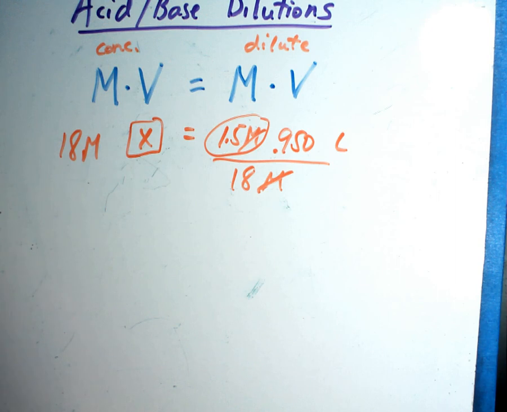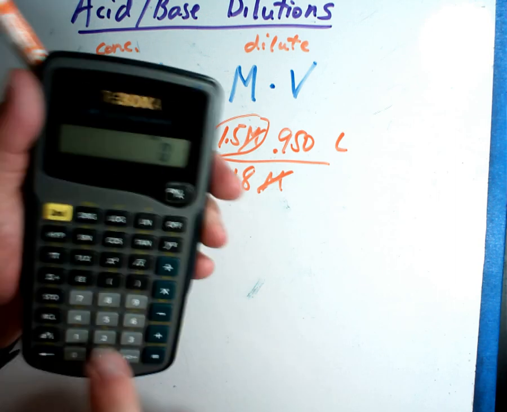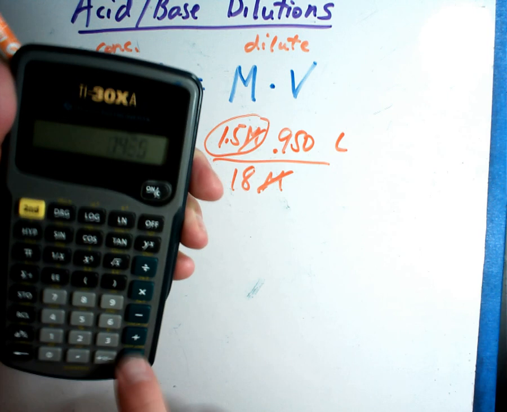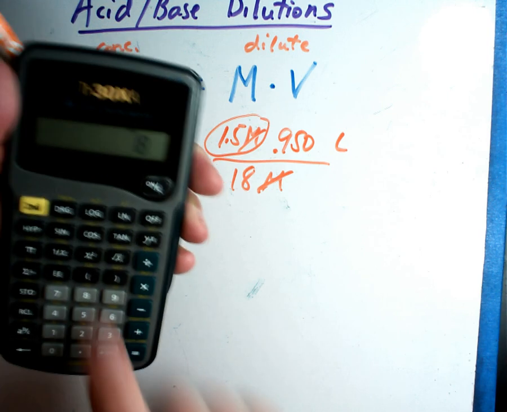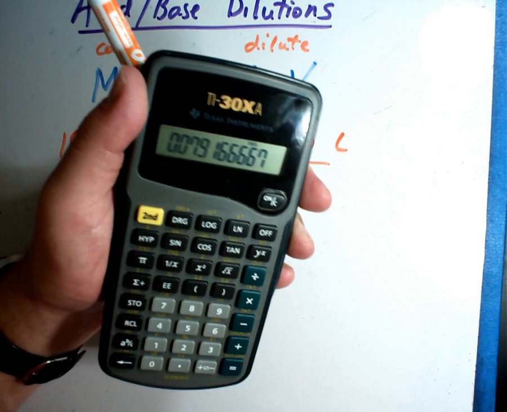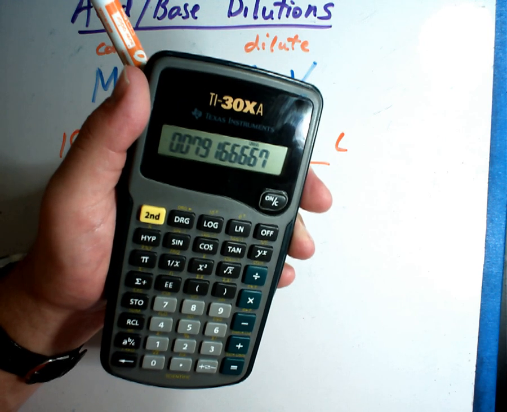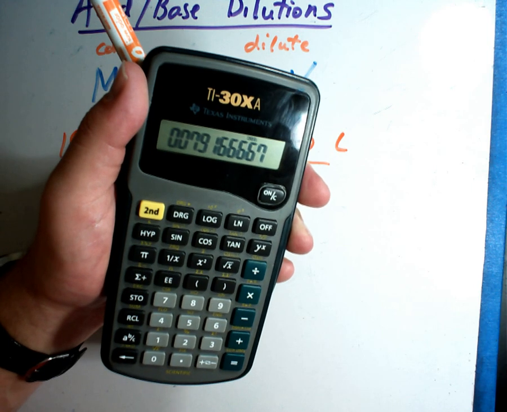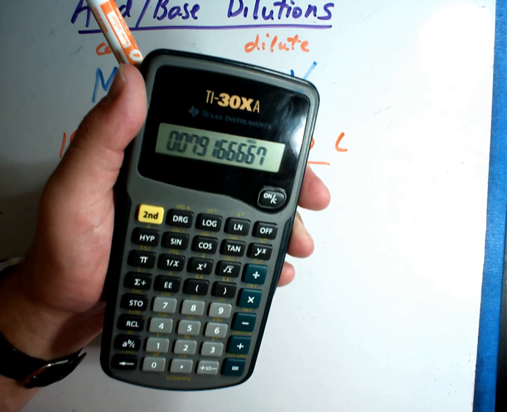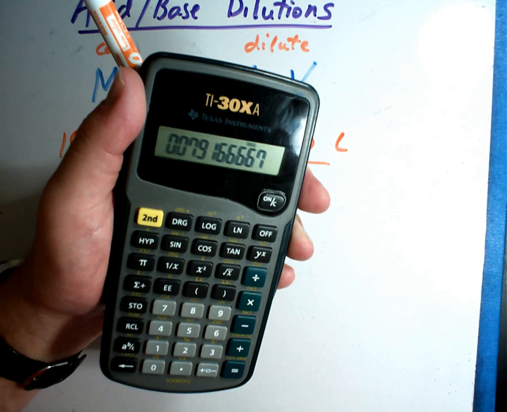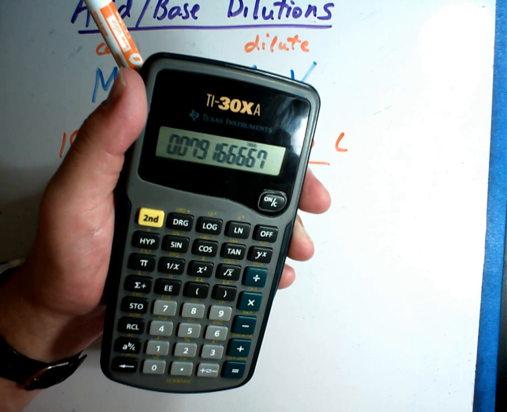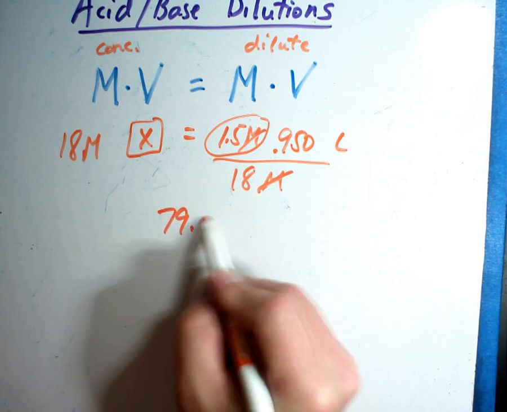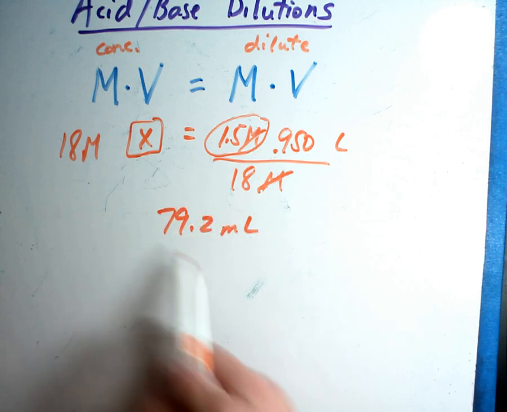So in this case, I'm going to take my same calculator, 1.5 times 0.950 equals divided by 18. My answer is 0.0791667. Now, if I move my decimal to the right 3 places, 1, 2, 3, isn't that 79.2 milliliters? Now, why did I keep going to milliliters?